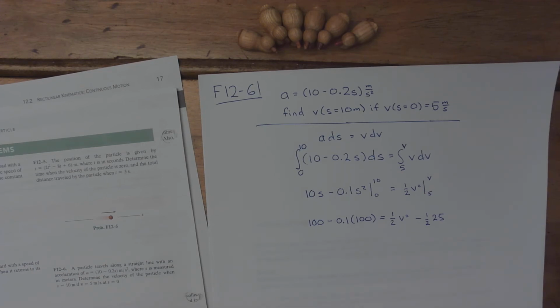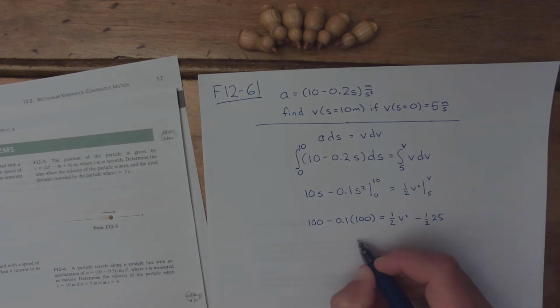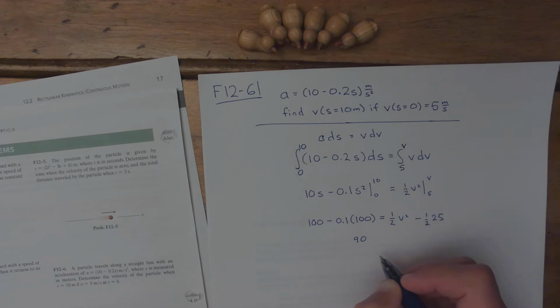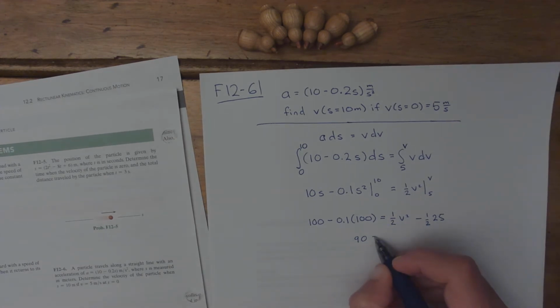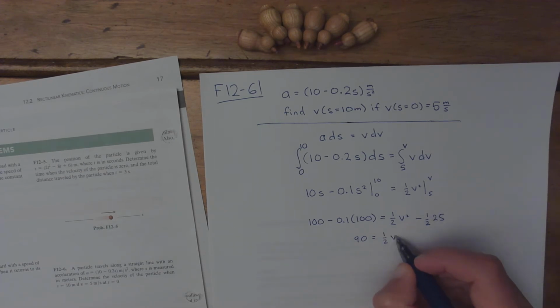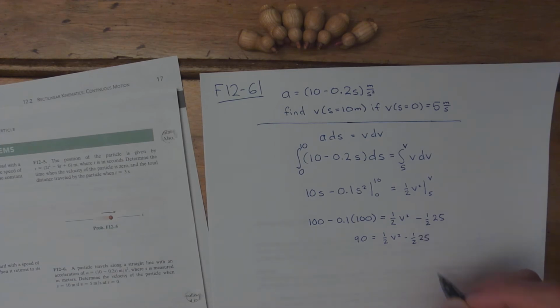Let's see. On the left-hand side of the equation, we get 90. And on the right-hand side of the equation, I have 1/2 times v squared minus, I'm just going to leave it as 1/2 times 25. Maybe I wanted to pull the 1/2 out front.